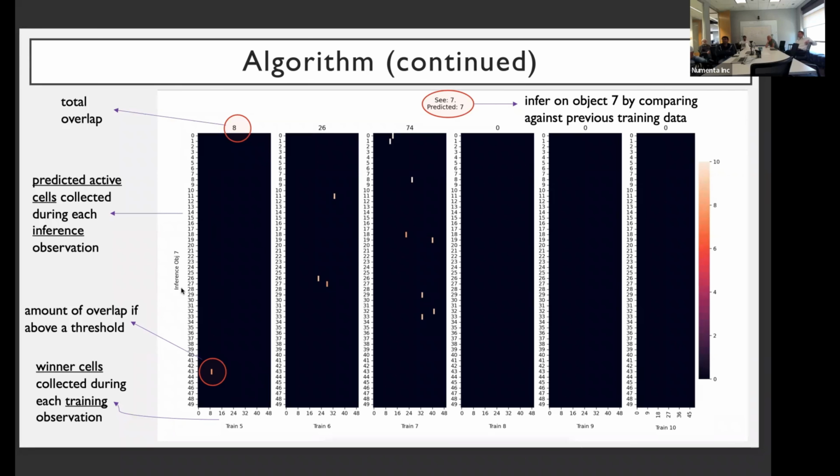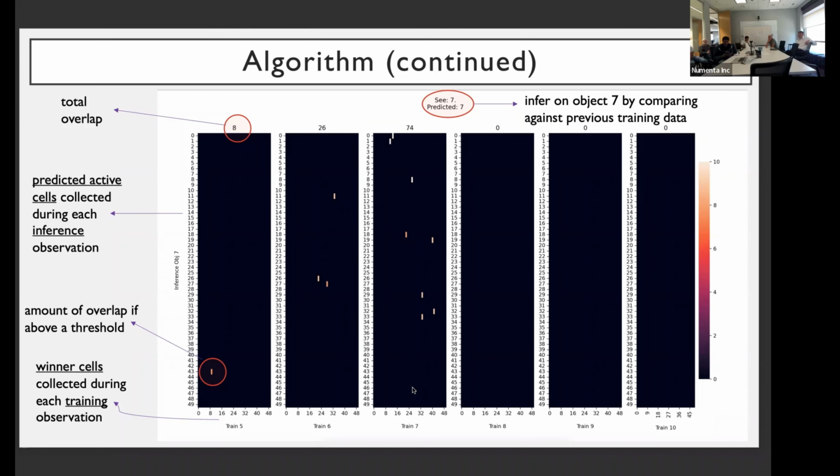Again, I have no idea what that object is, but the only way I can predict what that could be is by computing overlap between the winner cells and the predicted active cells. That's what these dots are inside each of these black columns. It's just the amount of overlap if it's above some certain threshold.